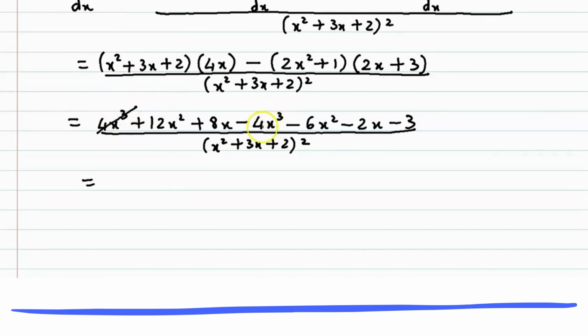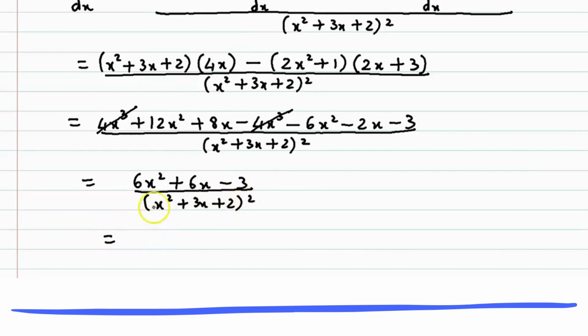4x cube cancels with minus 4x cube. Now 12x square minus 6x square, so that is 6x square. 8x minus 2x, so that's plus 6x, and lastly we have minus 3, divided by x square plus 3x plus 2 the whole square.